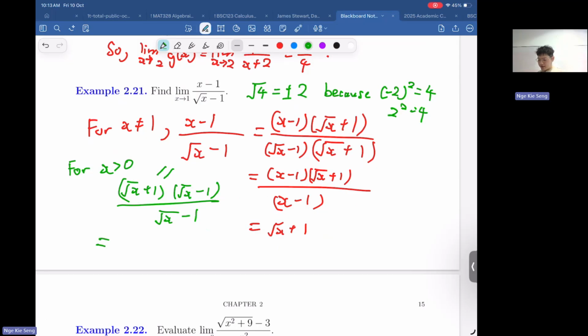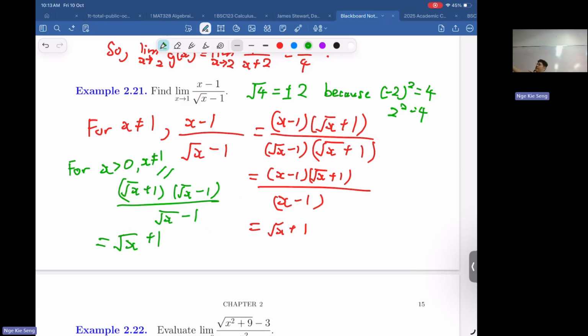So when x is greater than 0, you can do this splitting. If you do this splitting, and x is not equal to 1, you also get square root x plus 1. So these two ways get the same function. Make sense? I think the method your friend gave is better. It covers a further region.